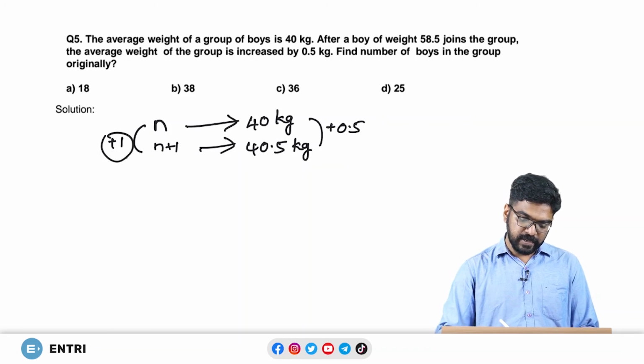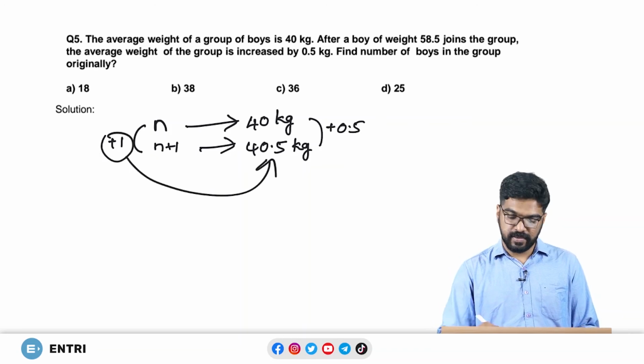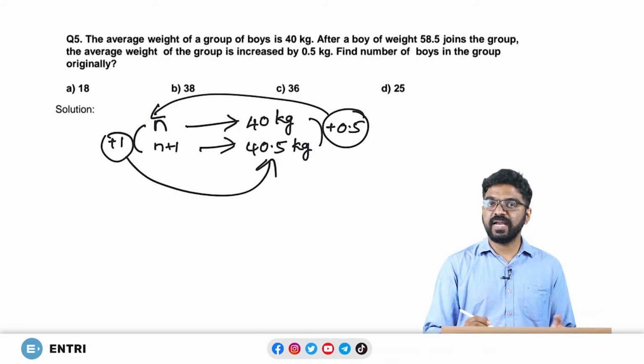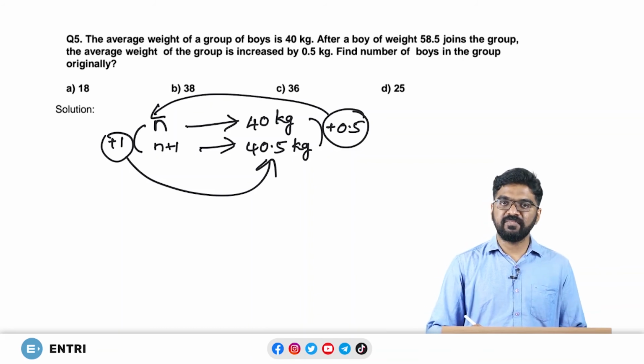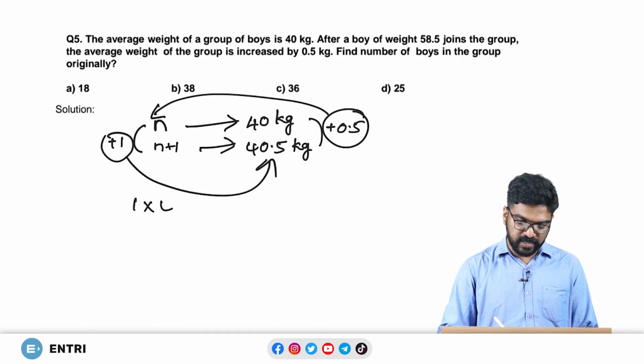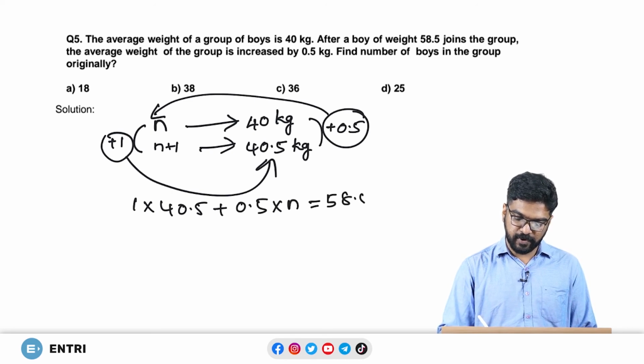The difference here into the bottom right value, and this difference into the top right value, should be the weight of the newly joined person. Now how much will that be? 1 into 40.5 plus 0.5 into n is equal to 58.5.